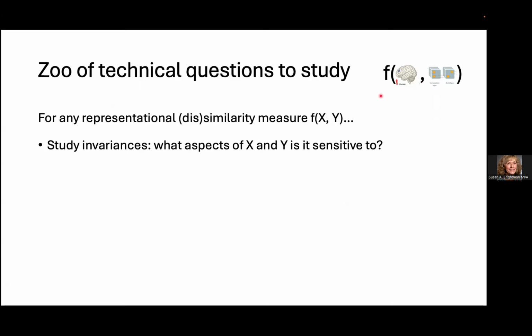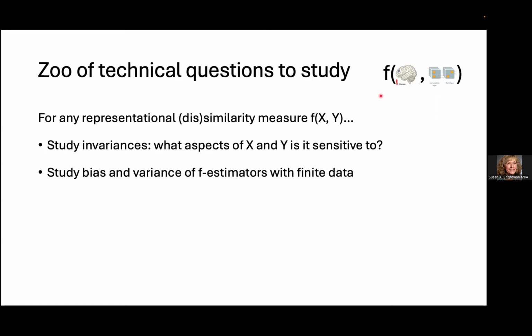So if I just make all of my neurons twice as active as they were before, most people would agree that that neural system has not changed its representation. And all of the methods that I've described so far are in fact invariant to that kind of change. So you can ask questions about whether or not the tools we're using are invariant to these intuitive qualities that we want our representational comparisons to have.